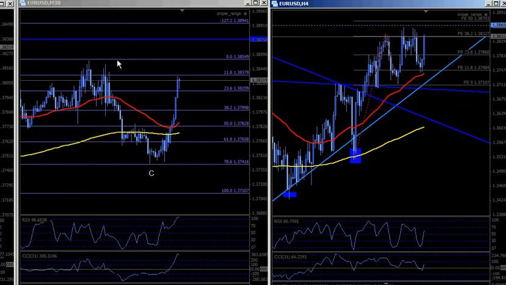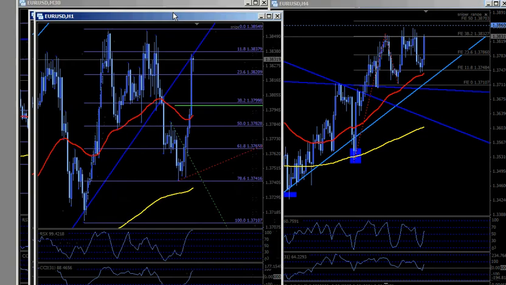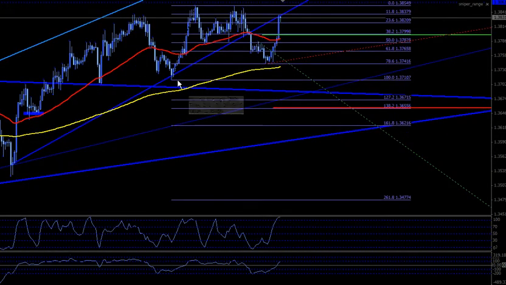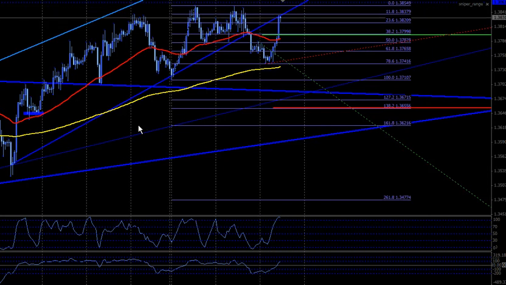So let's drop down to the smaller time frames, and let's take a look at this 1-hour chart. See what we have here. So we have an ABC to the upside. Now, at first we had, let's put this day separator on here, 3 days ago we had the ABC to the upside off the 50% retracement.